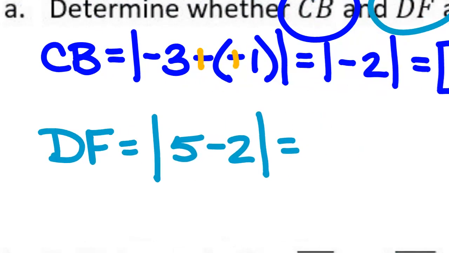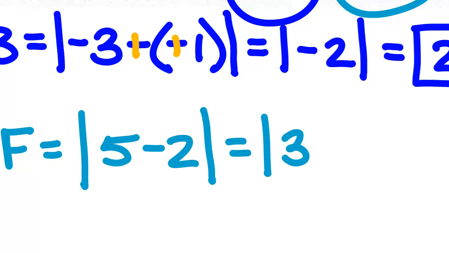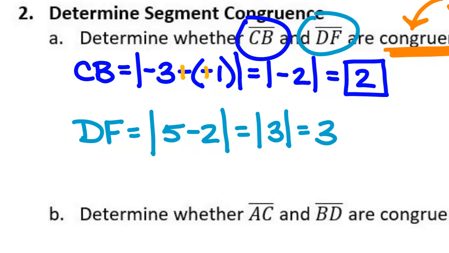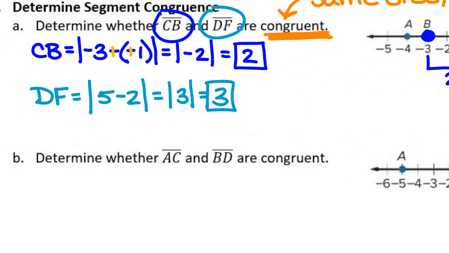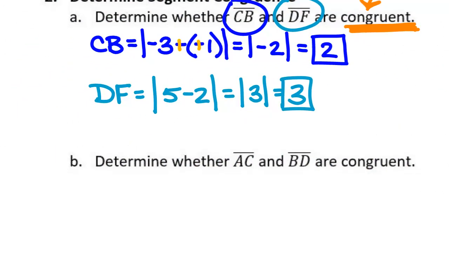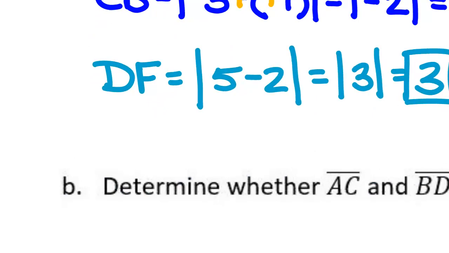What is 5 minus 2? 3. What's the absolute value of 3? 3. So one of my segments is 2, the other segment is 3. Are these two segments congruent? No, why not? They're not the same size.